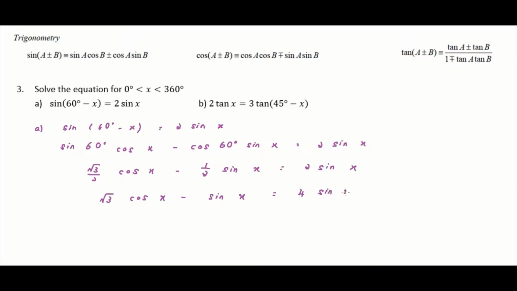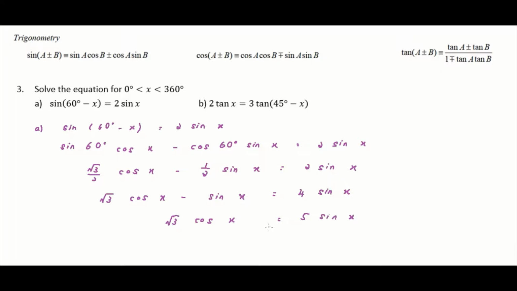Now when you look at this equation, you have one cos and one sine, which you cannot factorize. But let's group them together. So you have square root 3 cos x equals, move this over here, 5 sine x.